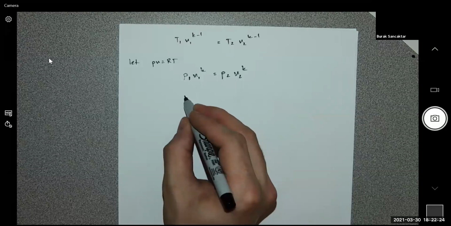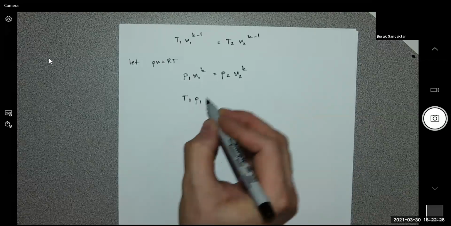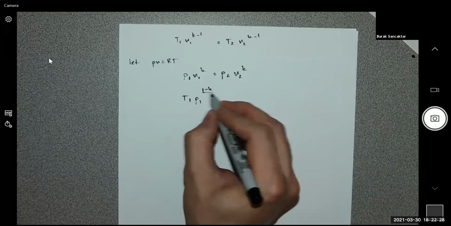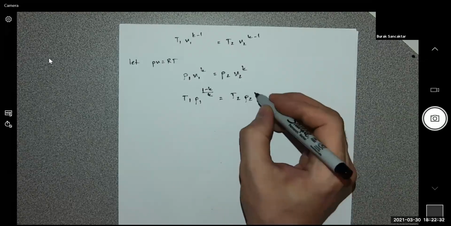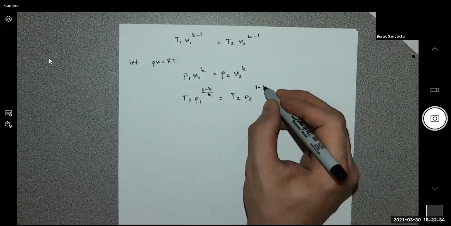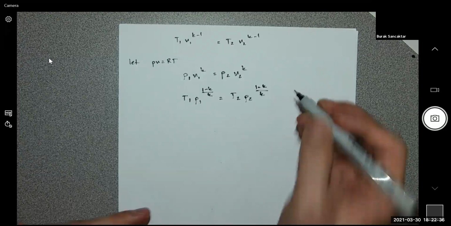I will end up with T1 P1 to the power of 1 minus k over k equals T2 P2 to the power of 1 minus k over k.